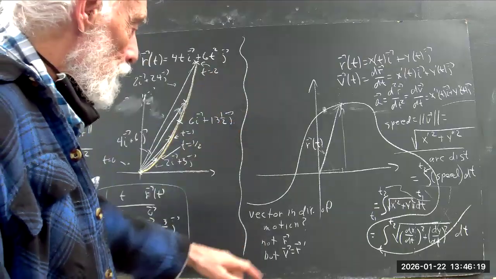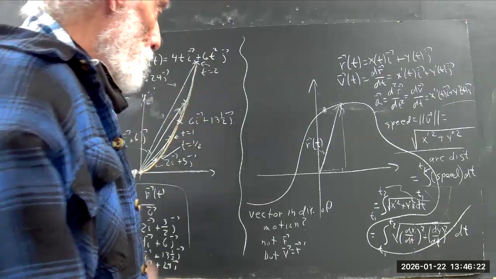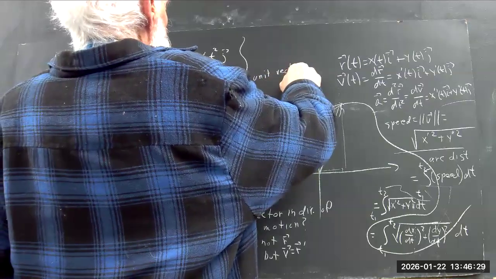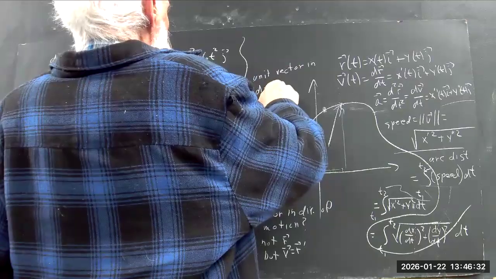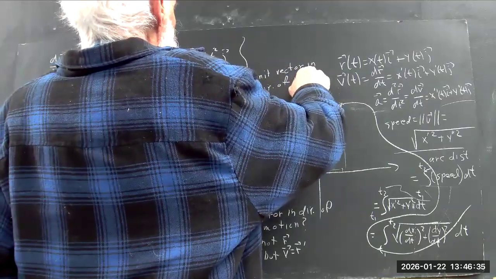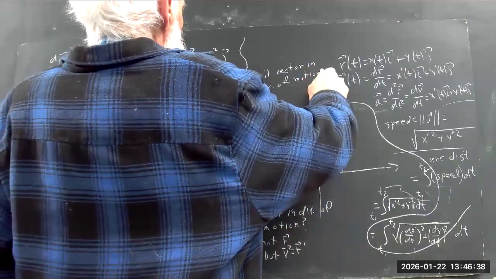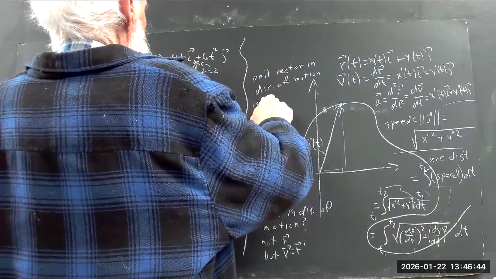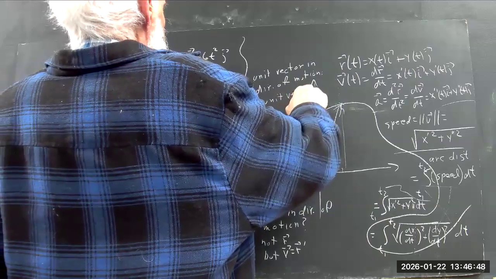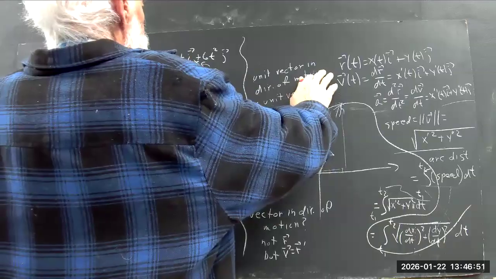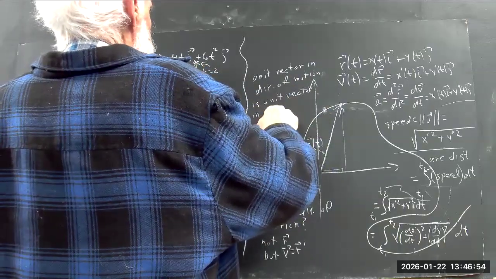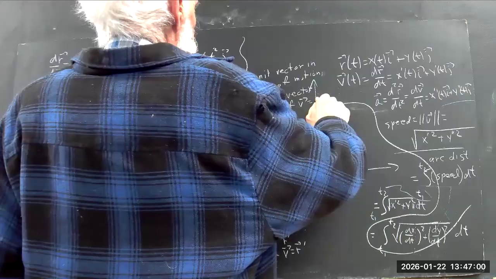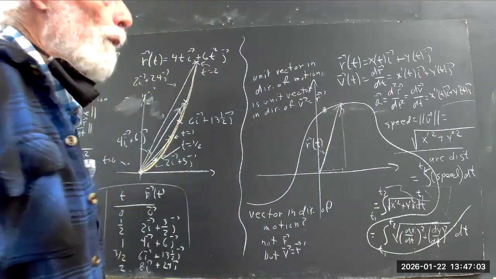So when I say, let's get a unit vector in the direction of motion, spelling it out: the unit vector in the direction of motion is the unit vector in the direction of your velocity or your r prime, your dr/dt.